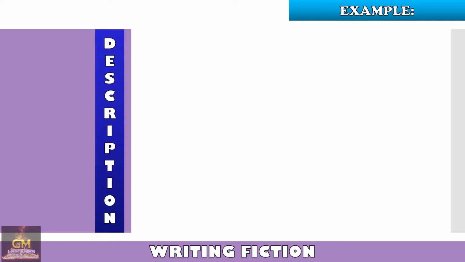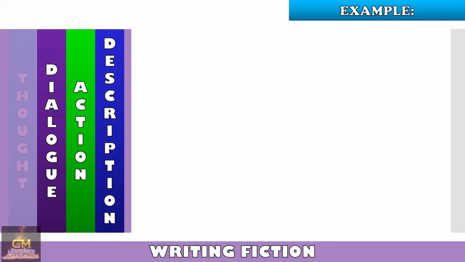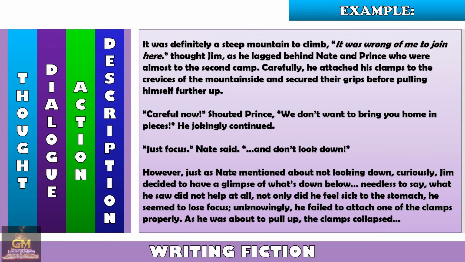Let's have another example. For this example, we're going to include description, action, dialogue, and thought. It was definitely a steep mountain to climb. "It was wrong of me to join here," thought Jim, as he lagged behind Nate and Prince, who were almost to the second camp. Carefully, he attached his clamps to the crevices of the mountainside and secured their grips before pulling himself further up. "Careful now," shouted Prince. "We don't want to bring you home in pieces," he jokingly continued.